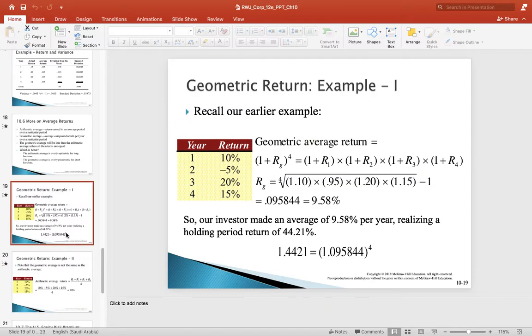But when you go for the geometric average, it is the compounding returns, the averaging of the compounding annual returns. So 1 plus return 1 multiplied by 1 plus return 2 multiplied by 1 plus return 3 multiplied by 1 plus return 4, to the power of fourth root, minus 1. This compounding averaging is known as the geometric average.